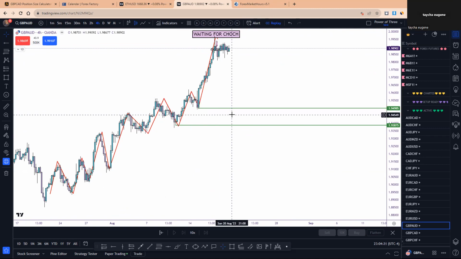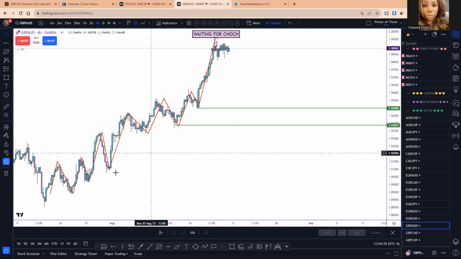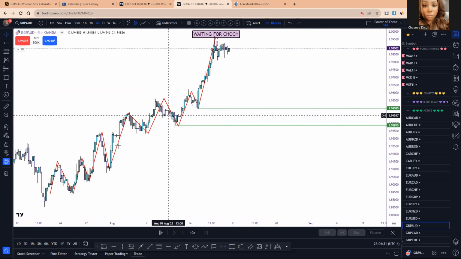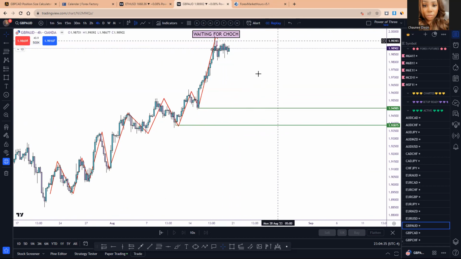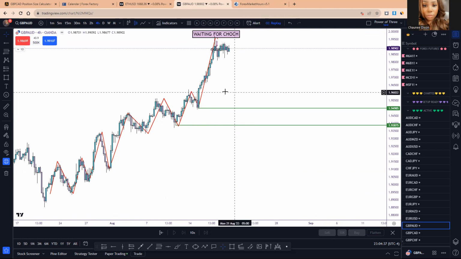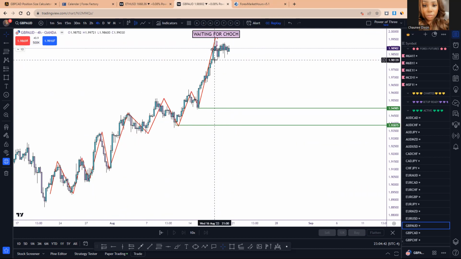Change of character, right? Yep, exactly. A change of character is an indication that there's going to be a trend change. So I only mark my lows in the uptrend because I don't really care about the highs. I need to make sure it's not breaking the previous low, because that means it's going to keep going up. Till it breaks one of these lows, the trend is still bullish for me.